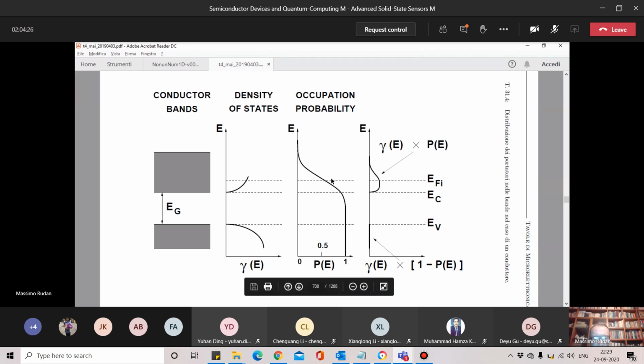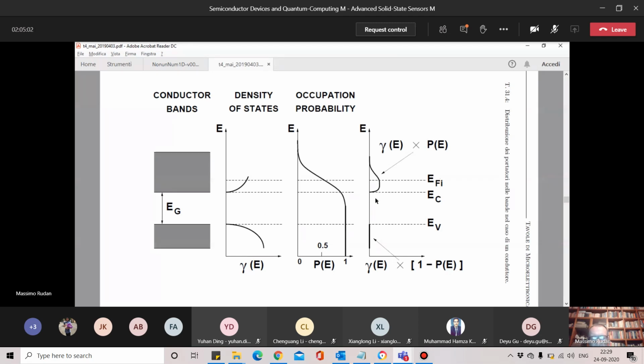So this horizontal dashed line is the position of the Fermi level. You see, the Fermi level happens to be inside the upper band. Why is the Fermi level called EFI? I stands for intrinsic. So this is a crystal with no impurity, pure crystal, intrinsic.